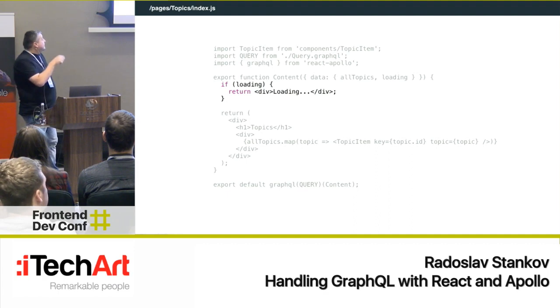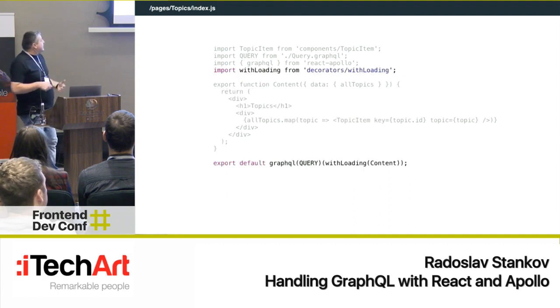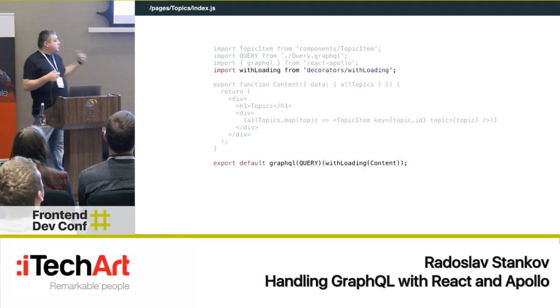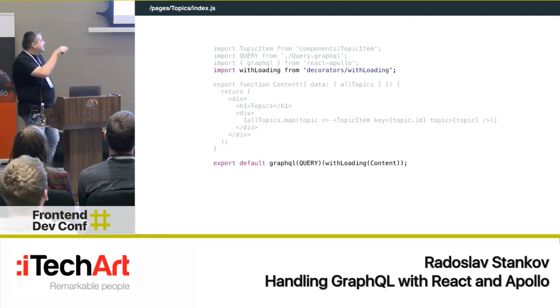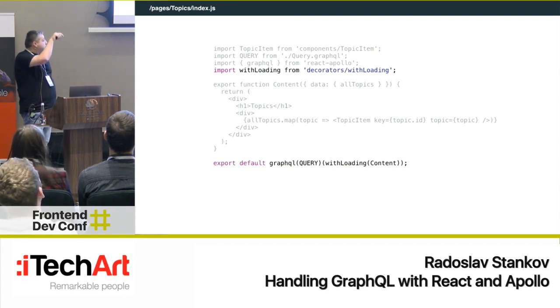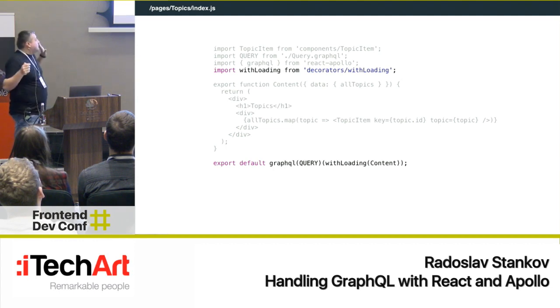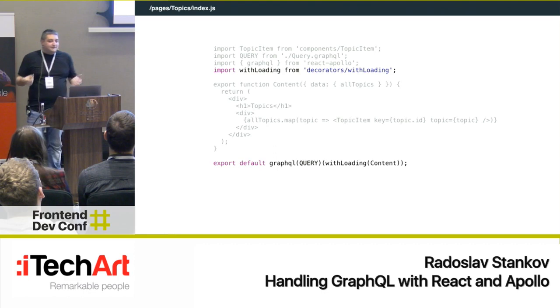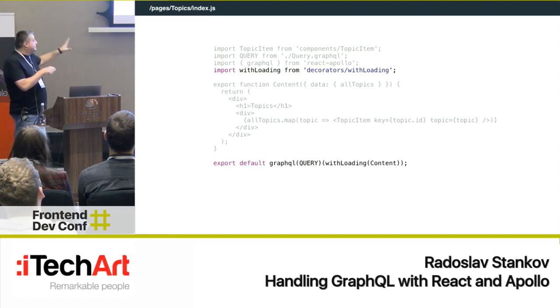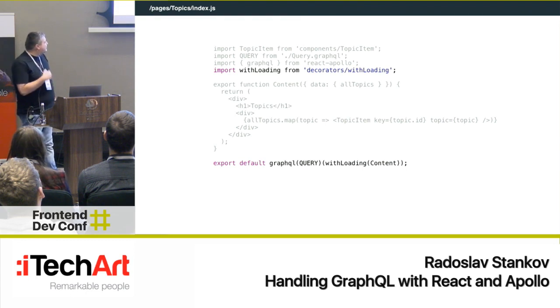So in order not to forget the loading, we extracted a higher order component called with loading. So we had this nesting where we get the GraphQL component, then we add the with loading, so we don't write much code. My goal in life is to write less code, and that's the reason we extract stuff like that. And that's cool, but if you start looking at it, it's kind of like, which is first, which is last.